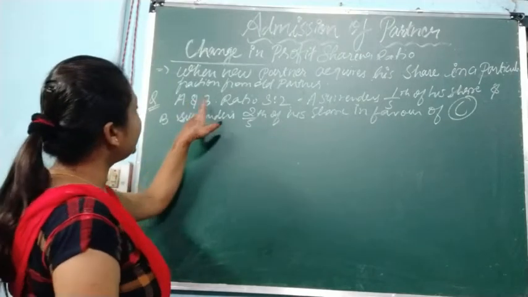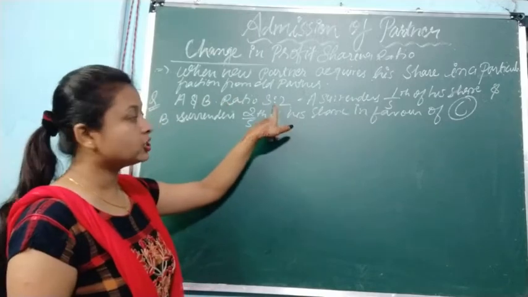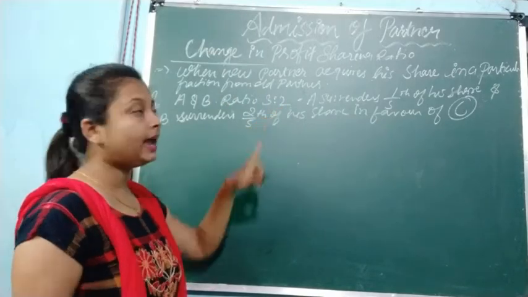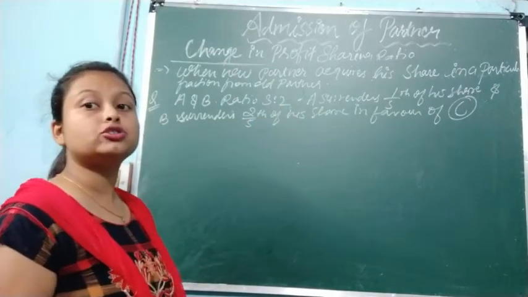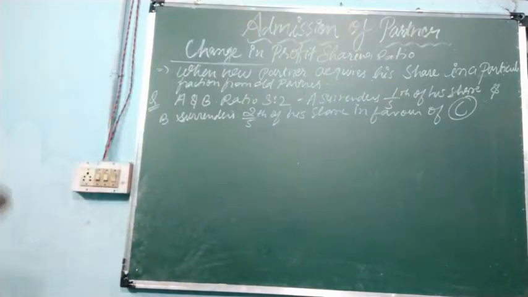Here it is given A and B share profit in the ratio 3:2, and A surrenders.